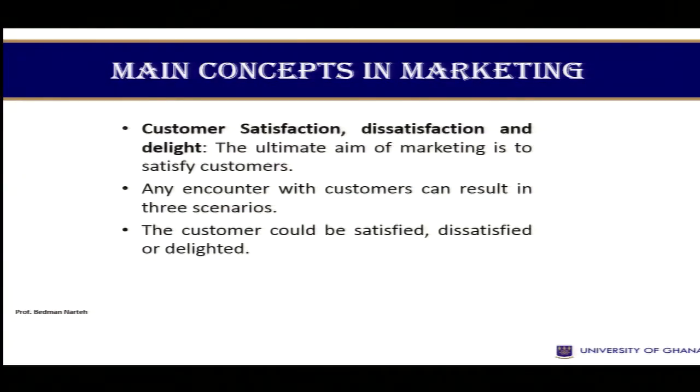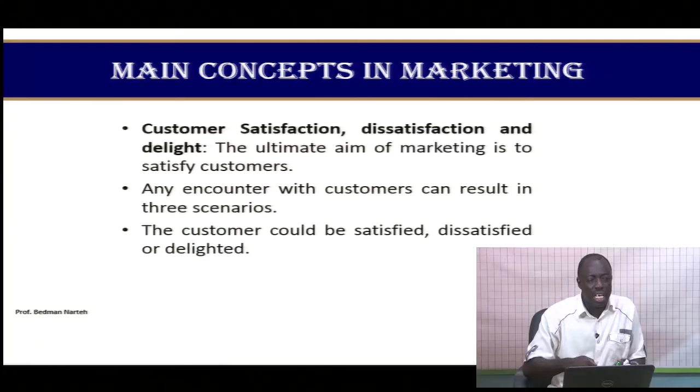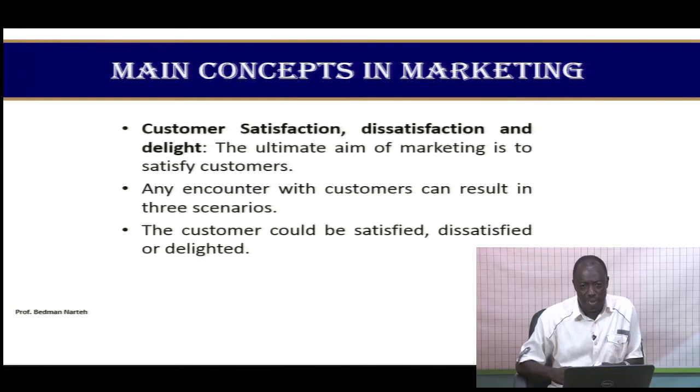Main concepts in marketing continue. We also have satisfaction, dissatisfaction, and delight. Now, normally we assume that for customers, anytime they buy something, they have their expectations before buying, and they compare these expectations against the actual performance of the product. When you compare the expectations the customers have against the actual performance of the products, you can have satisfaction, dissatisfaction, and delight.